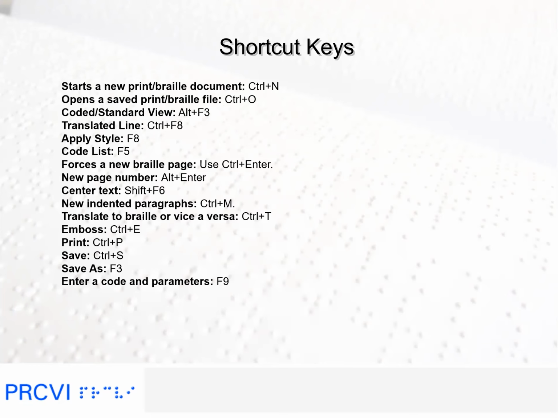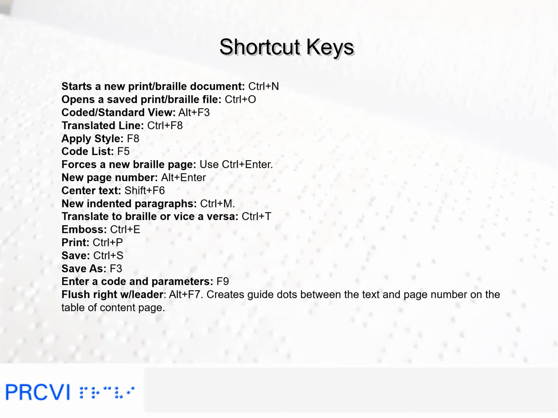F9 key enters the code and parameters. Alt F7 flushes the text right with leader, that is, creates guide dots between the text and page number on a table of contents page. This brings an end to my presentation.